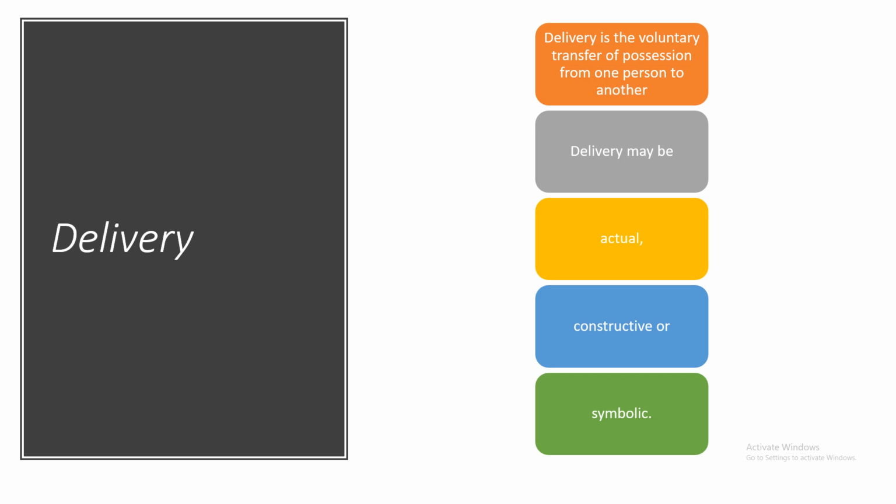Or else, one more example. Suppose I purchase a lorry. The shopkeeper may not deliver the lorry physically or actually because he can't lift it and I can't lift it.